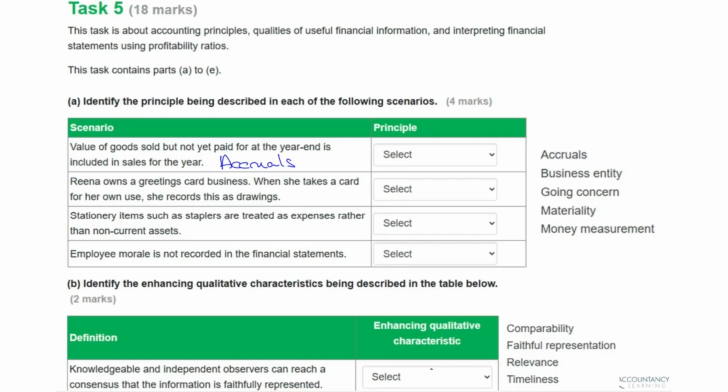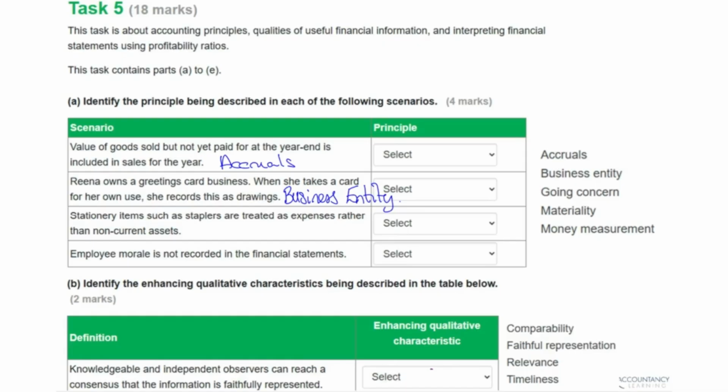Rena owns a greetings cards business. When she takes a card for her own use, she records this as drawings. So this is keeping business separate from personal, known as the business entity. Stationery items such as staplers are treated as expenses rather than non-current assets.